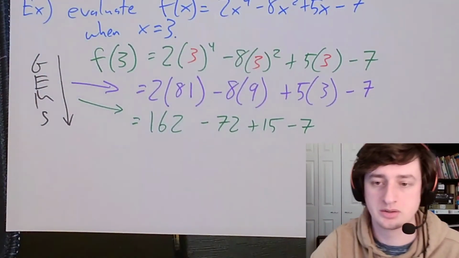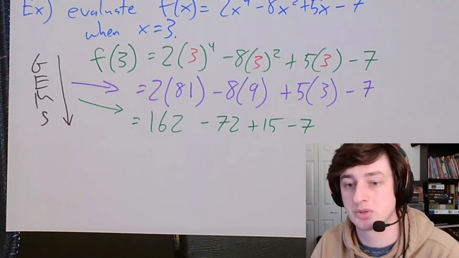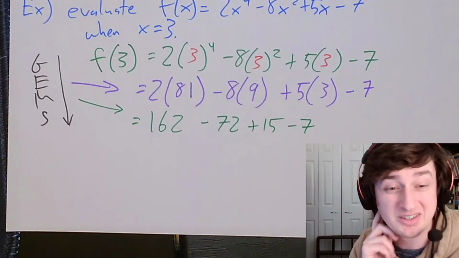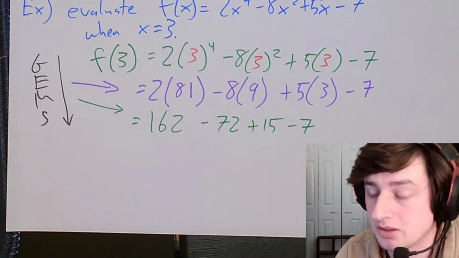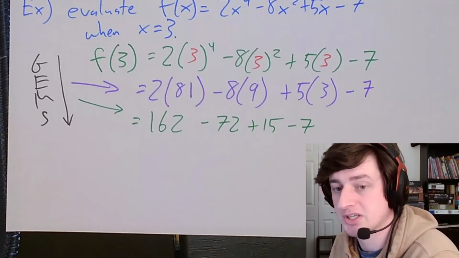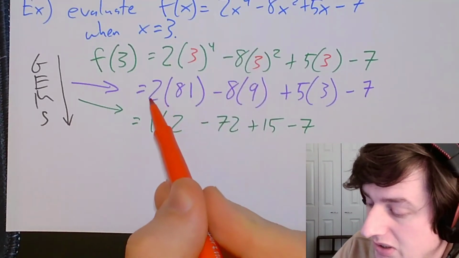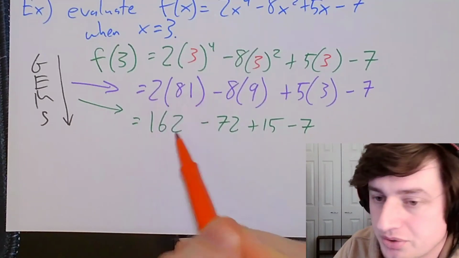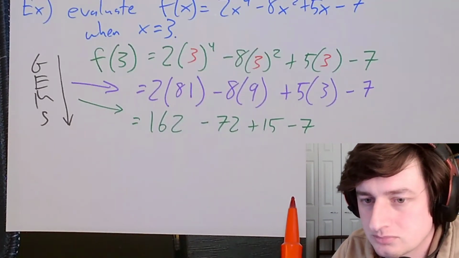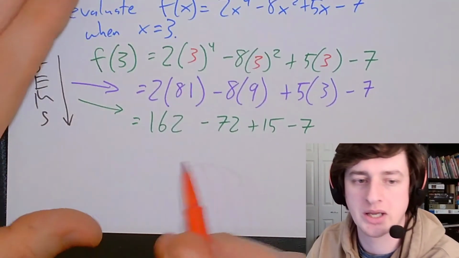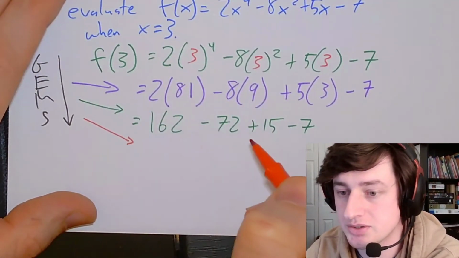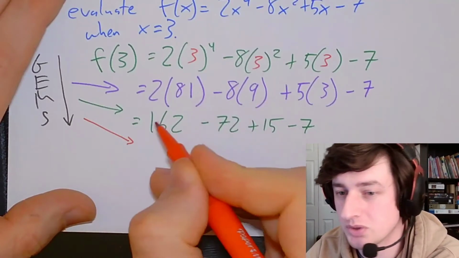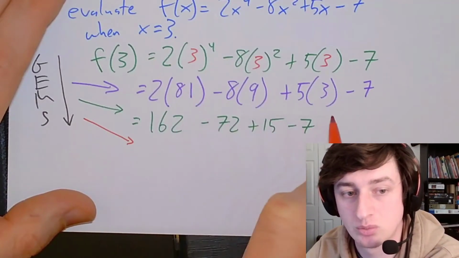Now, we did the multiplication. You can use a calculator here, too. 2 times 81, I don't expect you to know that off the top of your head. So you could use a calculator, or you could just do 2 times 8 is 16, and 2 times 1 is 2. Okay, so now we're going to add and subtract. My suggestion is to do this in multiple steps. I would not try to keep track of all these numbers in my head at once.